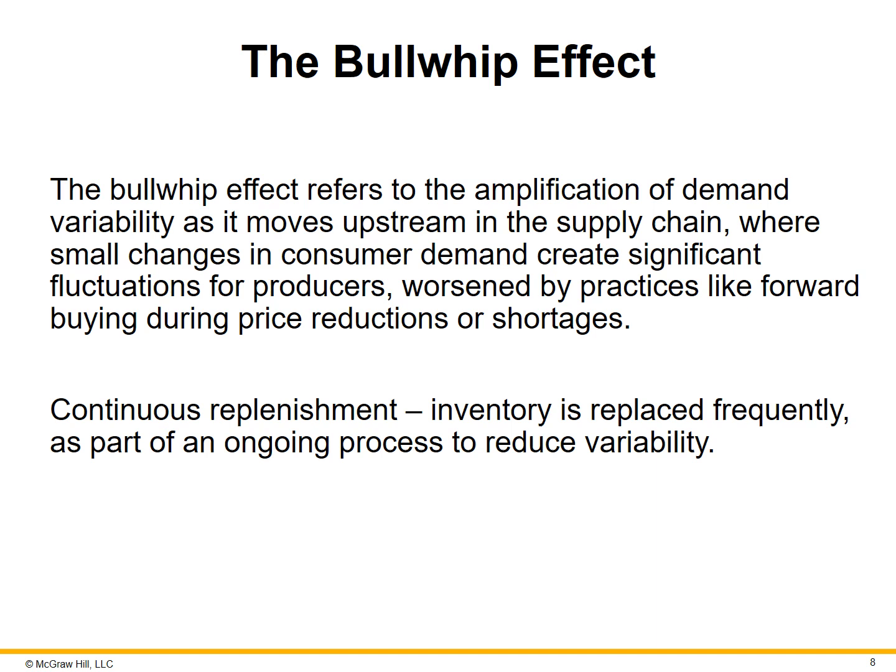Because of this effect, the issue at the origin, the tier 2 or 3, will get greater and greater and be out of control. And one more term here is continuous replenishment, where inventory is replaced frequently as part of an ongoing process. This can be supported with an ERP system, and even AI these days.